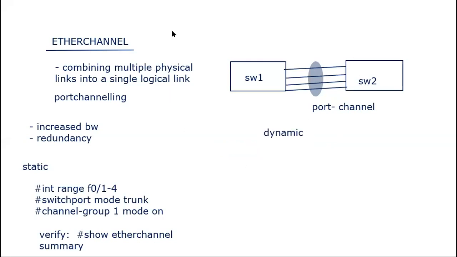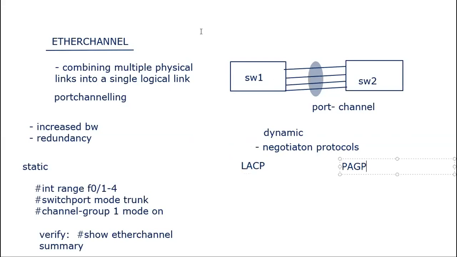So in dynamic EtherChannel, it works with negotiations. The negotiation protocols are used in dynamic EtherChannel. There are two protocols called LACP and PAgP, which are the dynamic negotiation protocols.